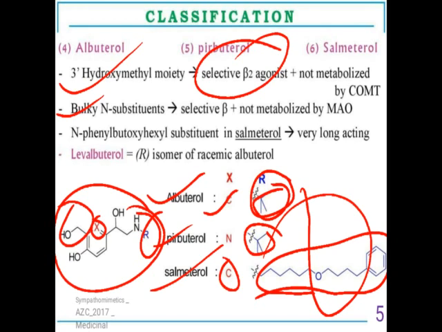These are the structural characters responsible for making them more selective towards the beta 2 receptor. Due to this modification it is difficult for them to be metabolized by catechol-O-methyltransferase, and due to the bulky R group they cannot be metabolized, or only a very small amount can be metabolized by monoamine oxidase. So metabolism is reduced by the structural modification, they become more metabolism resistant, and they become more selective towards the beta 2 receptor.